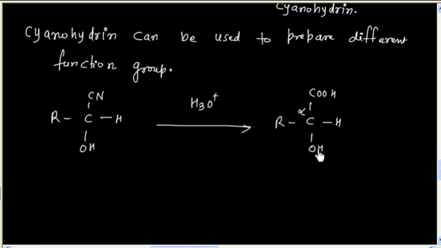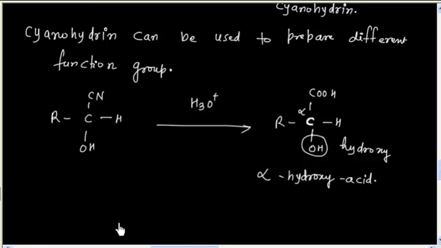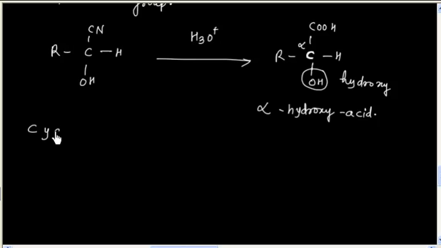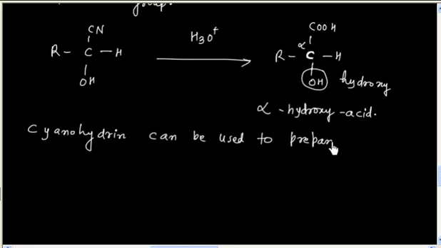And this is basically alpha hydroxy acid. So this carbon is the alpha carbon that contains a hydroxy group. So this is alpha hydroxy acid. So we can say cyanohydrine can be used to prepare alpha hydroxy acid.